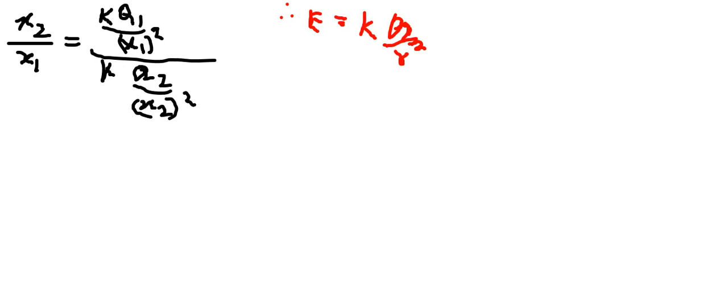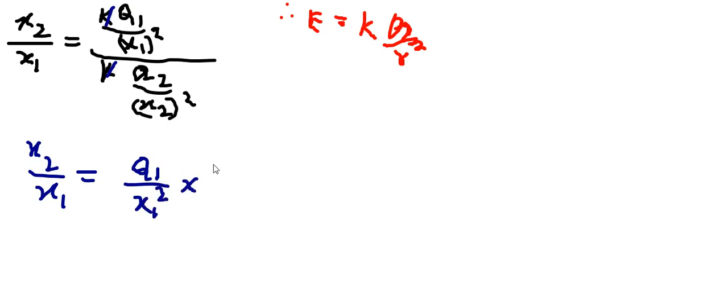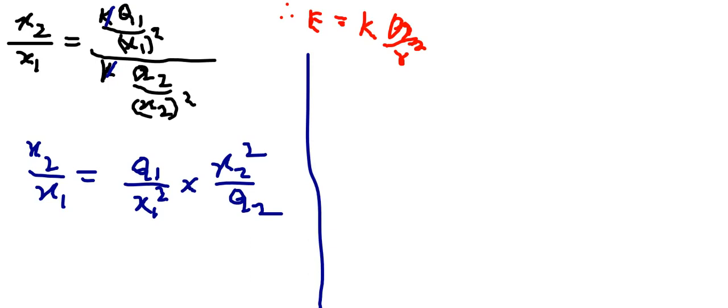From this equation you can cancel K, which is a constant, and write x2 by x1 is equal to Q1 by x1 square times x2 square by Q2. This is the formula. Let us continue the equation.